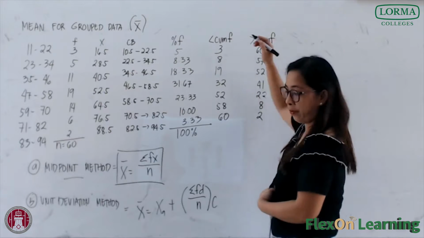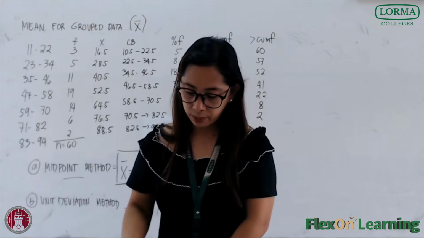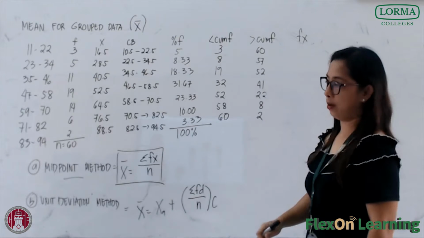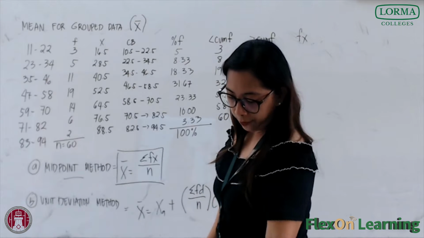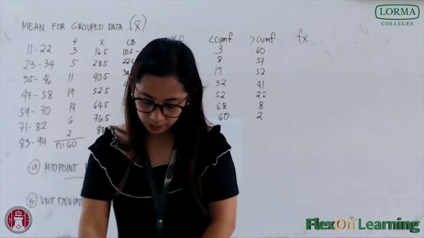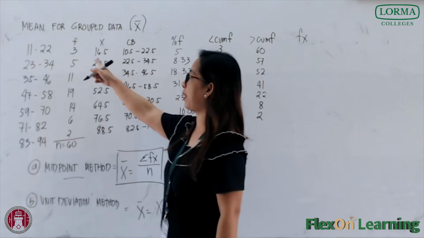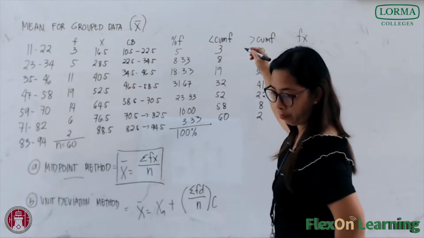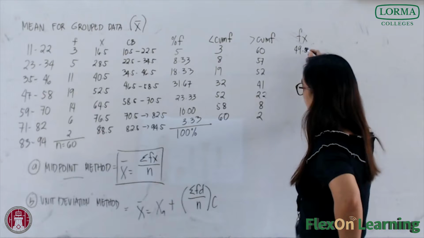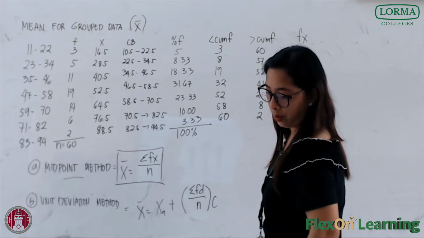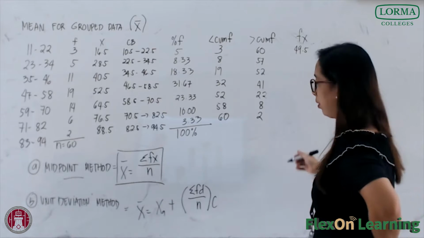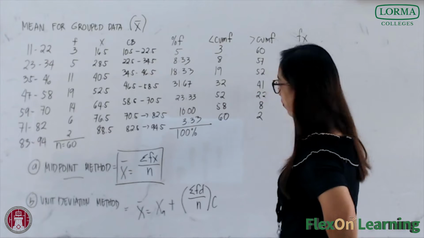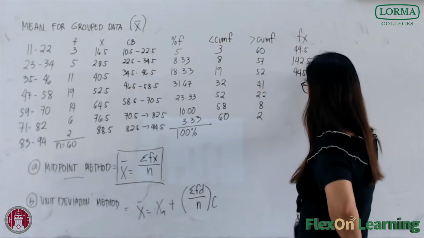We have to get first our frequency times our midpoint. On the first class, on the classes given below, we have 3 times 16.5, which gives us 49.5. Next, we have 5 and 28.5, which gives 142.5, then 445.